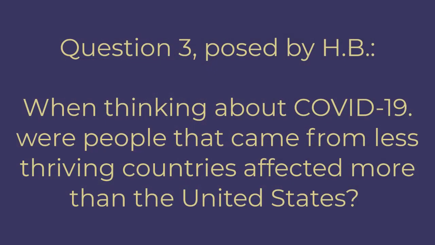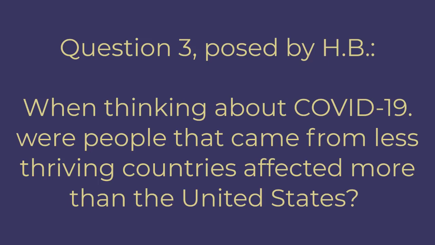This is an example of what seems like a simple question generating a really complicated result. And when we think about complicated results, here's another question. HB asks, as another student, when thinking about COVID-19, were people that came from less thriving countries affected more than the United States?